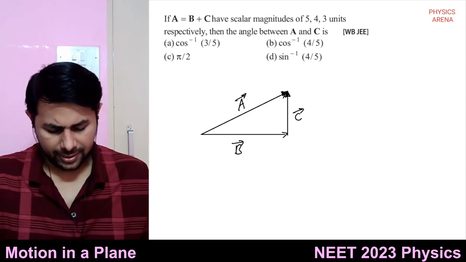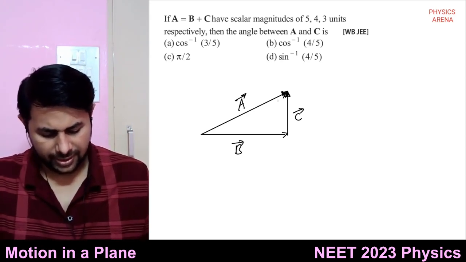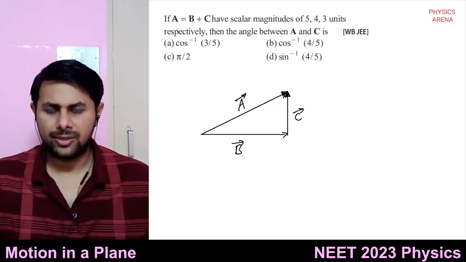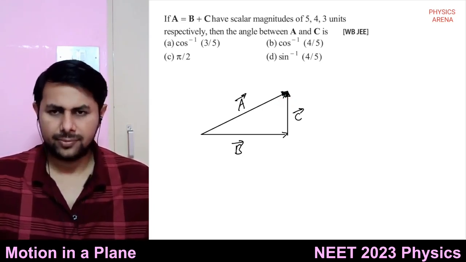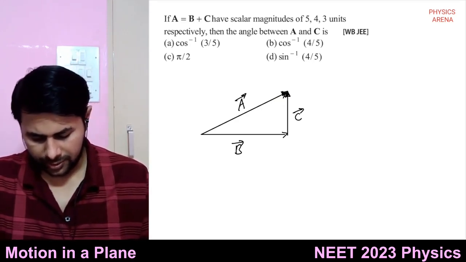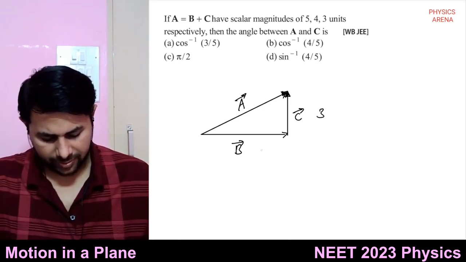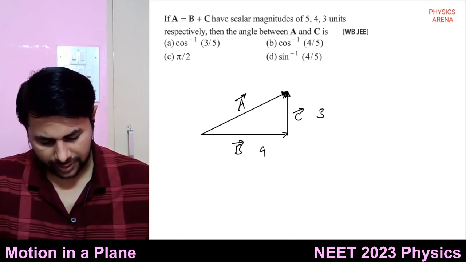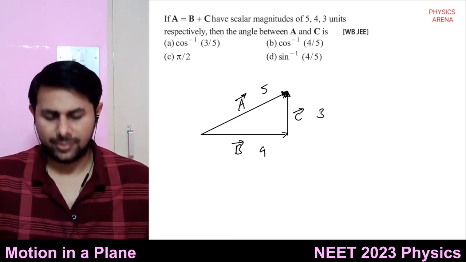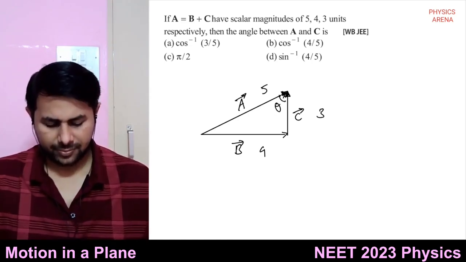Okay, and then what is the angle between A bar and C bar? So this is the angle. Length of this side is 3, length of this side is 4, length of this side is 5. So this is the angle theta.